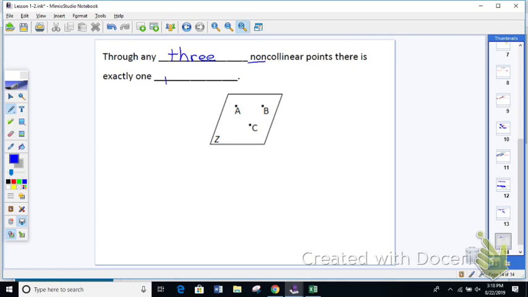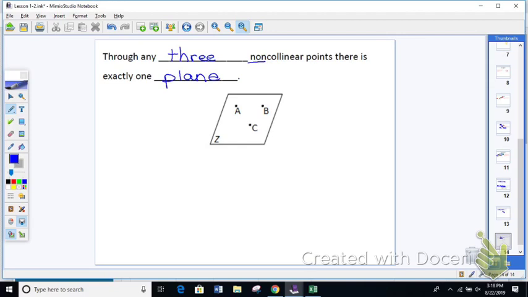Plane. So if we have 3 points that are not on the same line, they are going to be on exactly one plane.